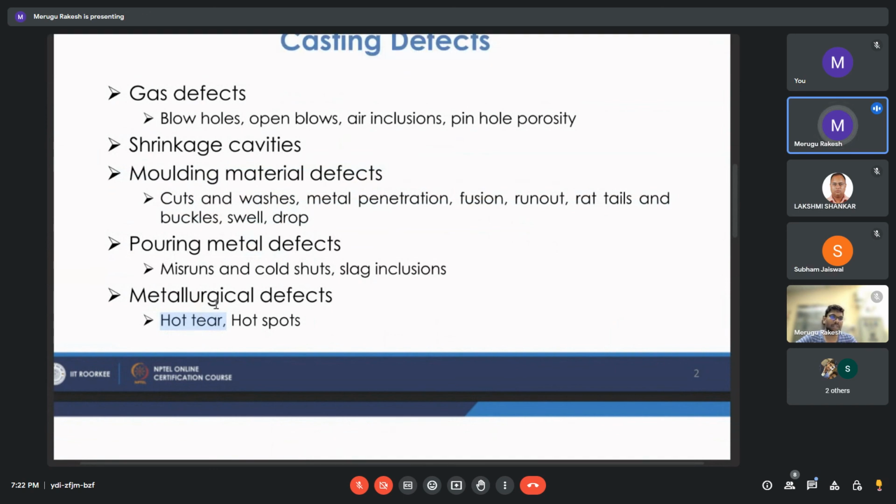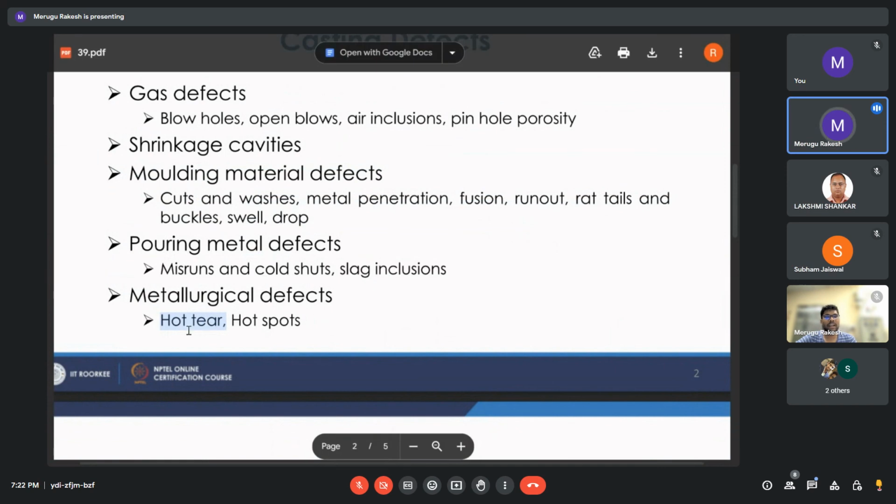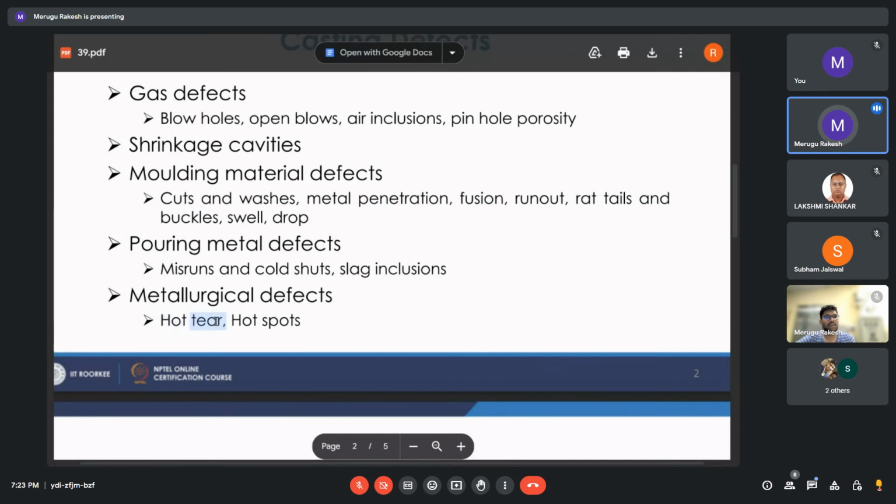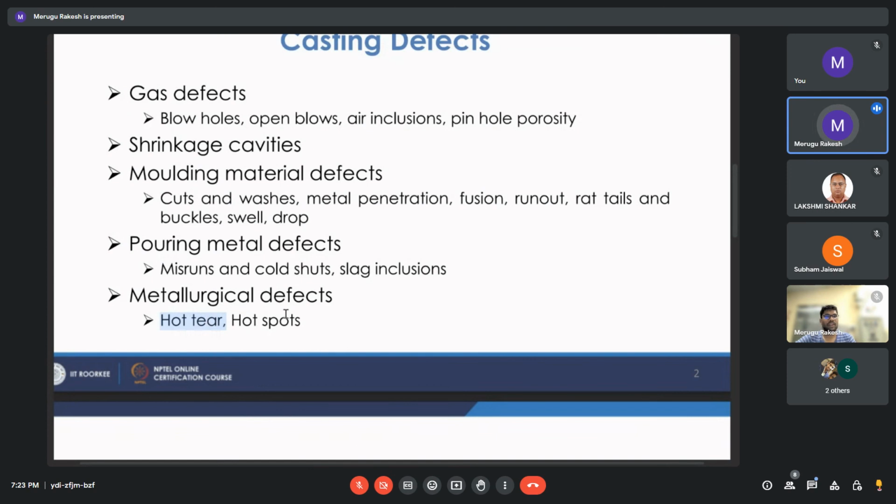First the web section will try to solidify and kind of shrink. Due to that shrinkage, if there is any spot where it is still in liquid state, there we can get a shearing kind of action, and there we can see this hot tear formation. So that is one good example for hot tears as well.